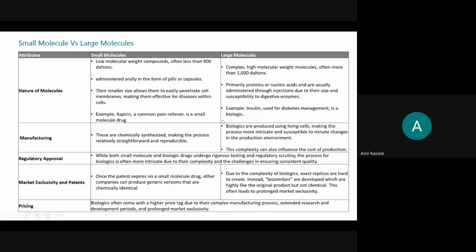So just to understand. And in terms of manufacturing, because we always believe that the majority of the work is in manufacturing, small molecules are chemically synthesized, making the process relatively straightforward. That means whenever we call it API manufacturing, 90% of the time it belongs to small molecules.